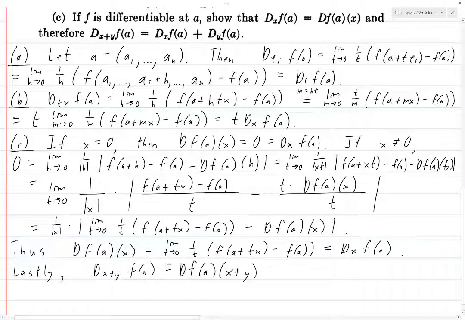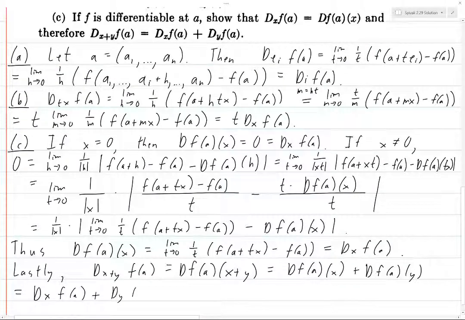And then because of linearity of the derivative, we have df a x plus df a y, and then we go backwards and use the previous thing again to bring the x and the y underneath the d, and so we have d_x f of a plus d_y f of a. And that's what we wanted to prove.